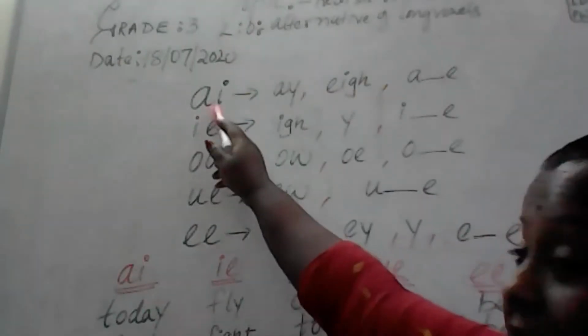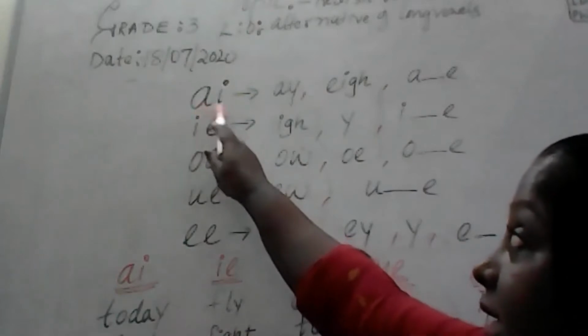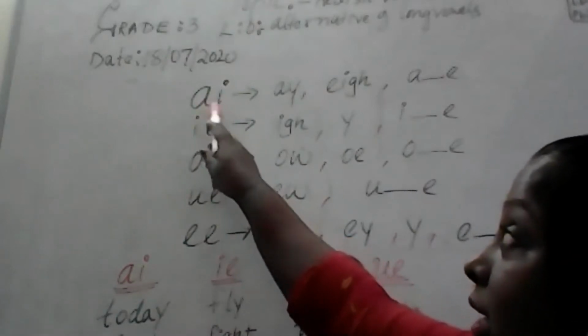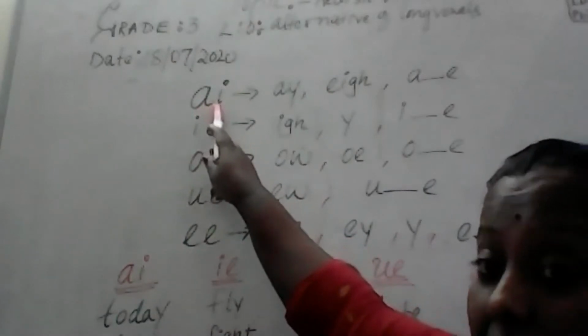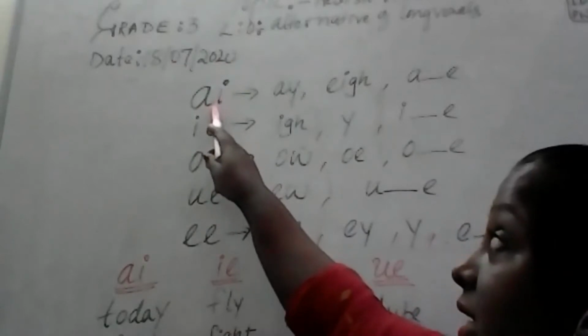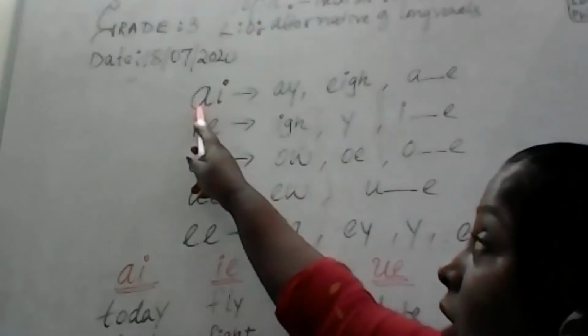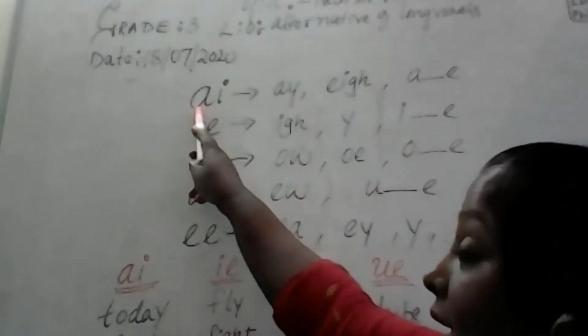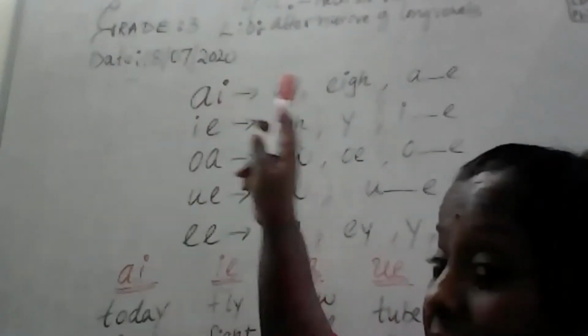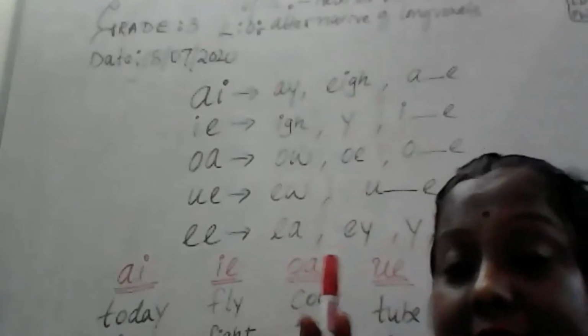Here, A and I together are two vowels, a long vowel. How does it make a sound? A. When two vowels come together, it makes one sound and says its real name.